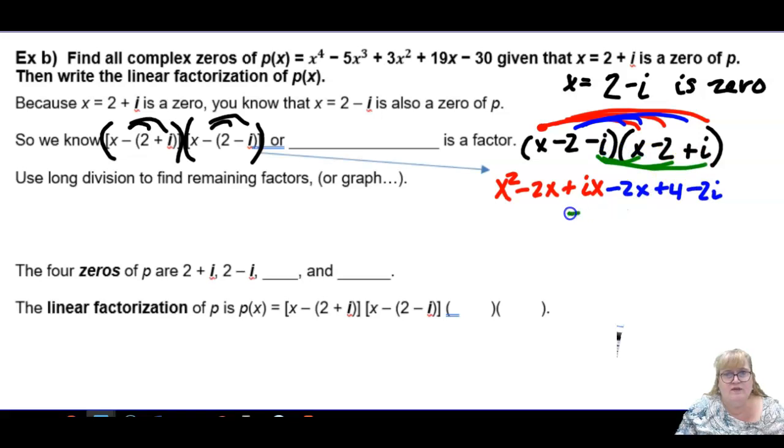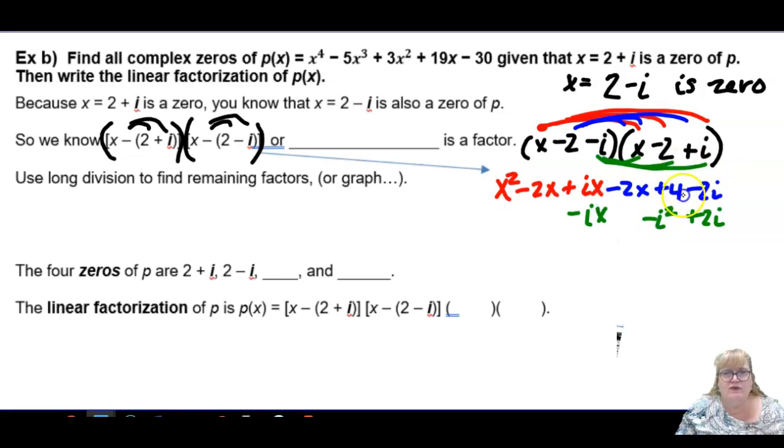So I get a negative ix, which I'm out of room, so I'm going to write it under the like term here. And negative i times negative 2 would be plus 2i. You can write it anywhere. I just wrote it so it matched up here. And then I have negative i times i would be a negative i squared, which you can put anywhere, but I'm going to kind of put it by the 4 here because it's going to turn into a real number.